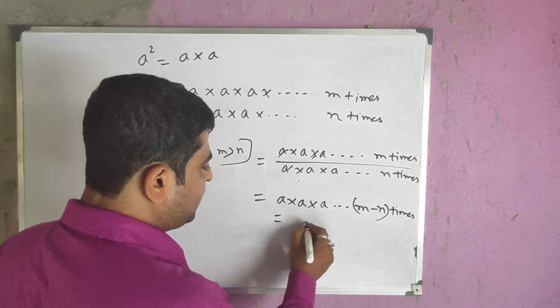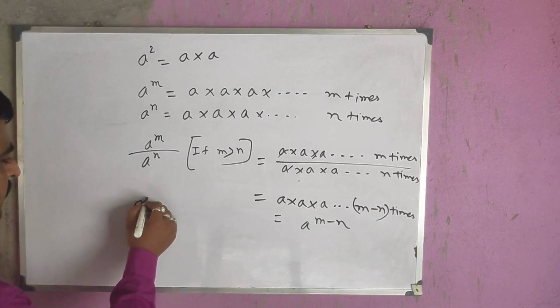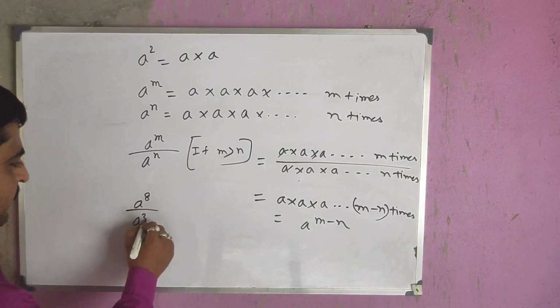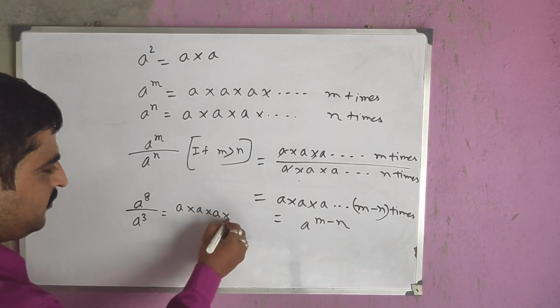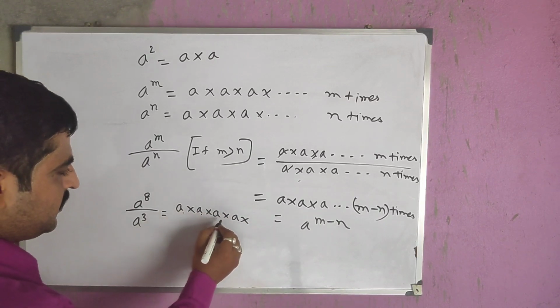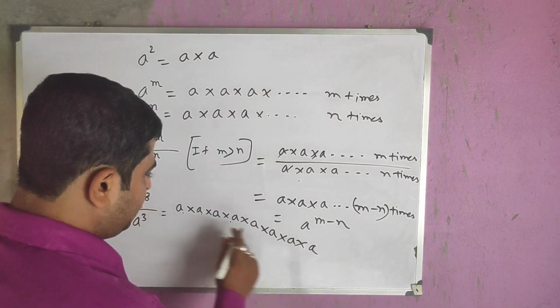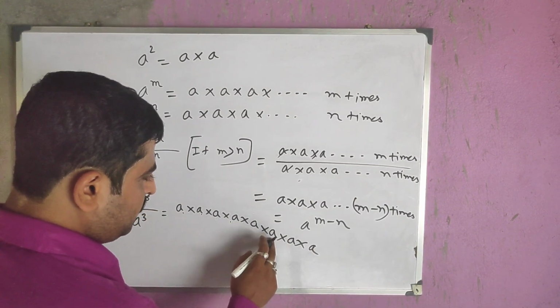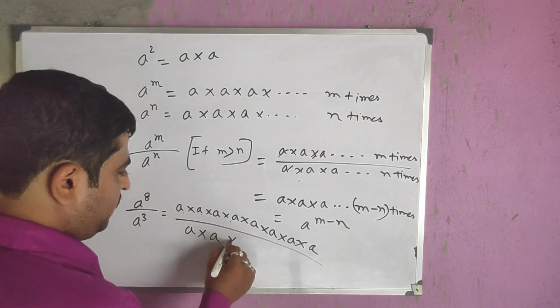I am giving you one example, then you can understand. Like a to the power 8 by a to the power 3. So a to the power 8 means a into a into a into a into a, 1 2 3 4 5 6 7 and 8 times, and in the denominator a into a into a.